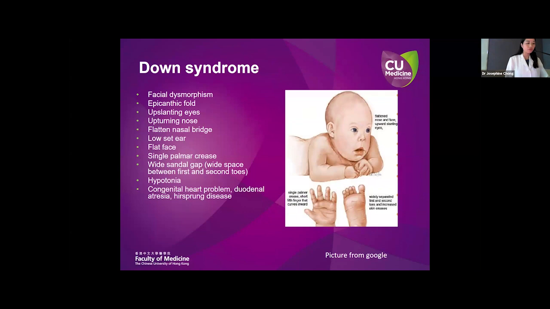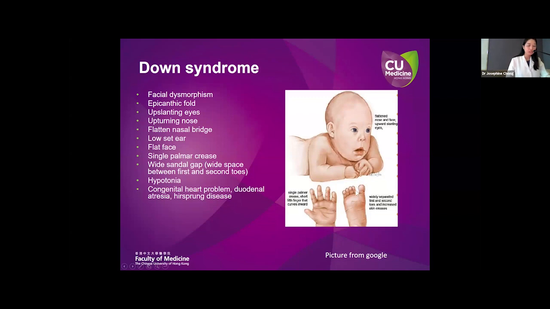dysmorphism with epicanthic folds, upslanting eyes, upturned nose, flattened nasal bridge, and low-set ears. So it's very typical and also easily recognized. And patients may have a single palmar crease and wide sandal gap.